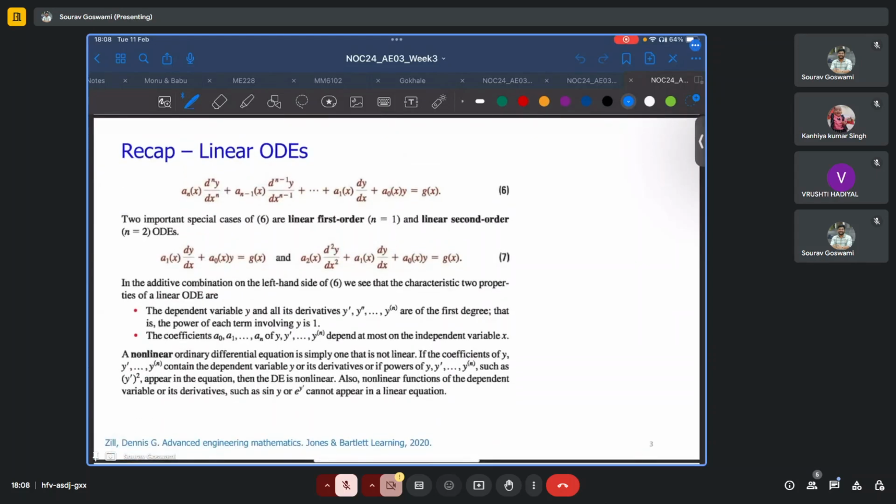So, in the most generalized form, an ordinary differential equation can be written as some coefficient a_n(x) times the nth derivative of y with respect to x, plus a_{n-1}(x) times the (n-1)th derivative of y with respect to x, and so on, till you have a_1(x) dy/dx plus a_0(x) y equals g(x). And one of the most important cases of most relevance is the linear first order, where you have n equals 1. The linear second order would be n equals 2.